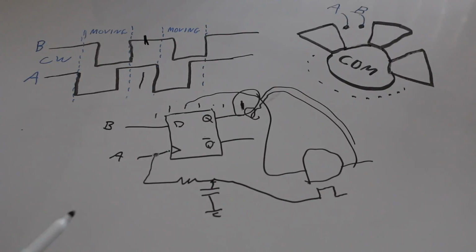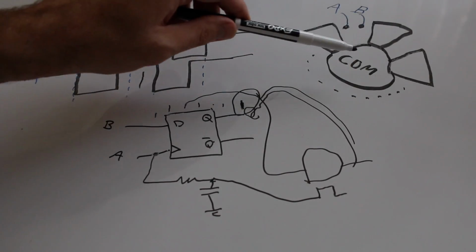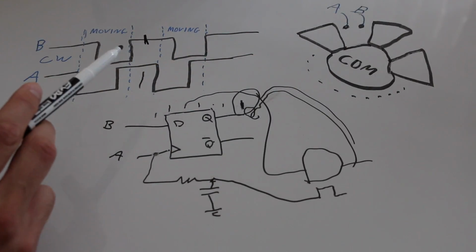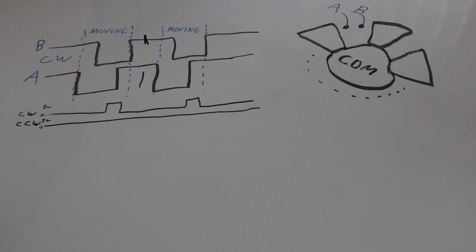There may be some applications where it's okay, but since we have guaranteed states here, as long as there's no contact bounce, we're just assuming an ideal rotation here and/or debouncing going on. But we do have states that we can work with. So I want a circuit that's going to generate a clockwise pulse every time we go clockwise, or if we happen to be going counterclockwise, generate a counterclockwise pulse.